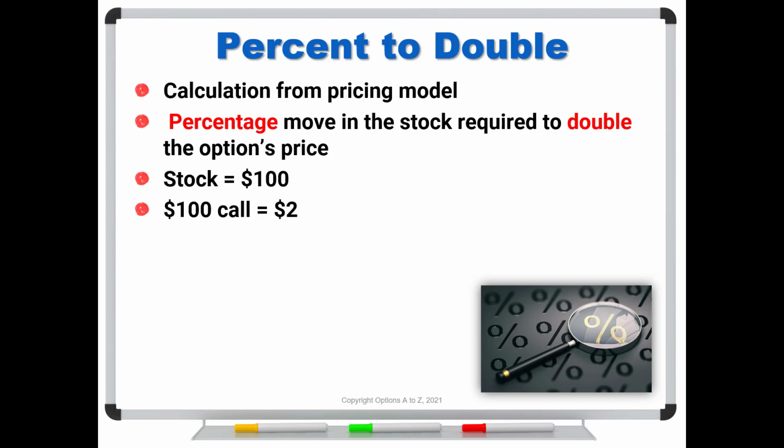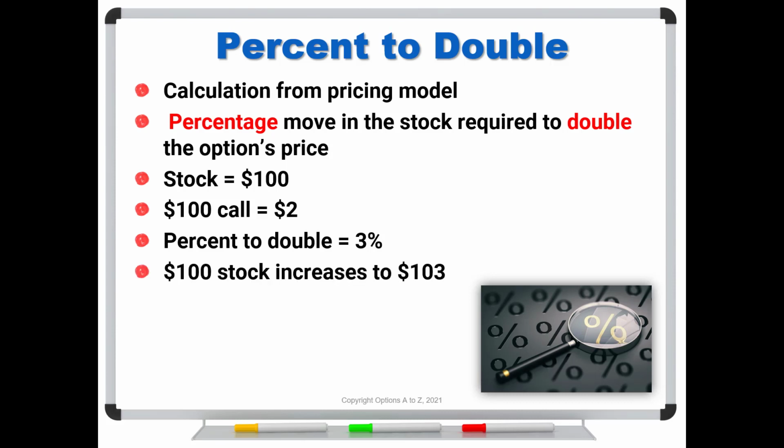Now our broker's platform shows that the percent to double, let's say, is 3%. What this means is that if the stock makes a 3% move right now, in other words, it moves from 100 to 103, this $100 call's price will double and will move from 2 to 4.